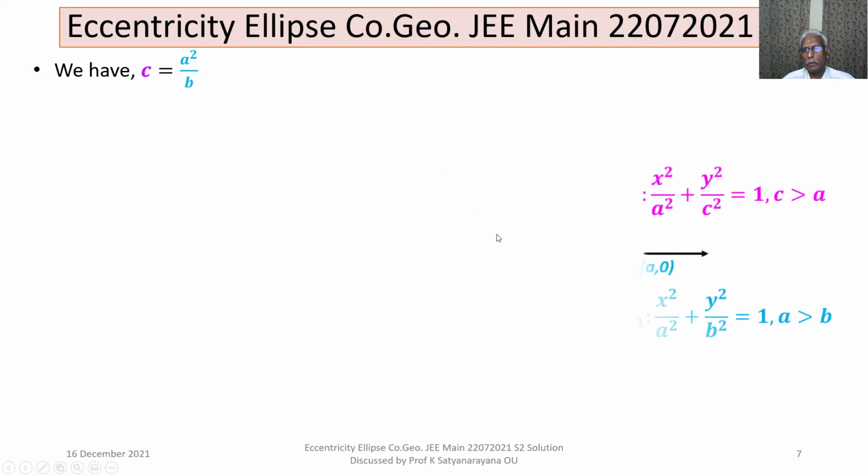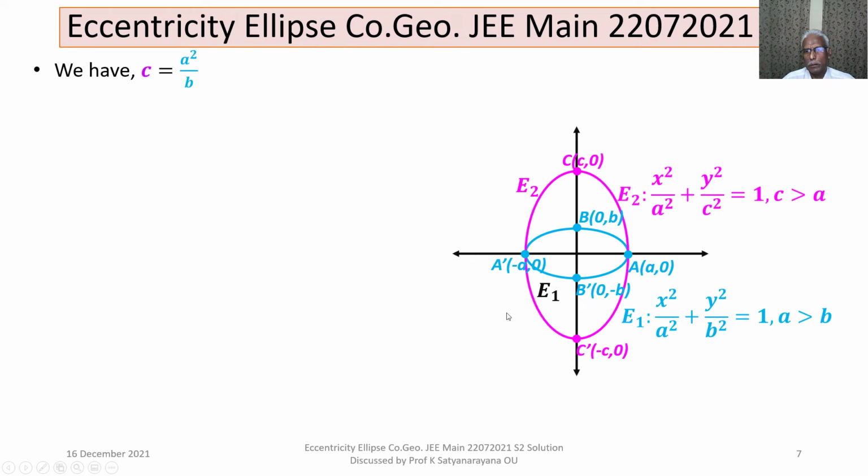We continue in the next slide, and we bring forward c is equal to a square by b. The situation in the diagram is here. The foci of E2 are 0, plus or minus c times E. C is the semi-major axis of E2 multiplied by its eccentricity, and it's on the y-axis, 0 plus or minus c.